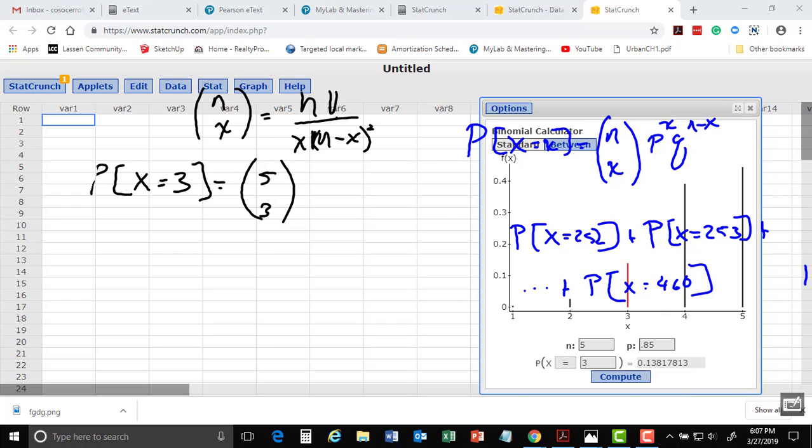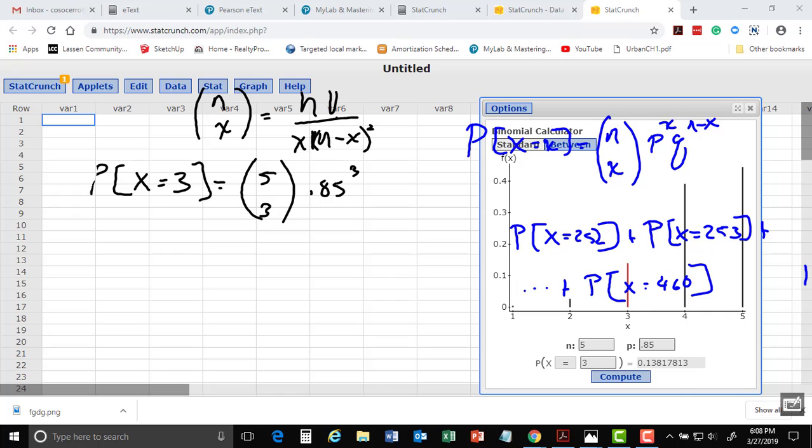How many ways can 3 people be ordered among 5 people? That's what it's saying. And then I have p, which is 0.85, the probability of success, raised to the x, 3.